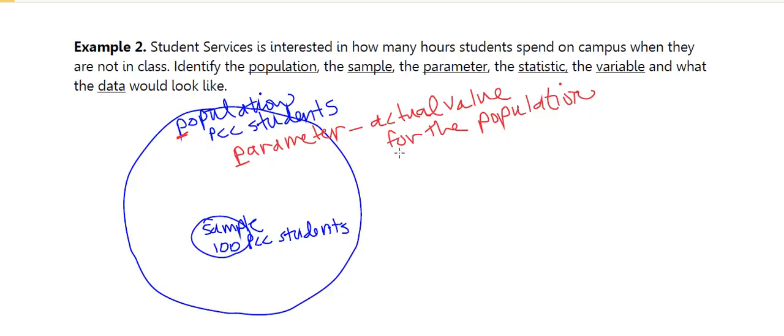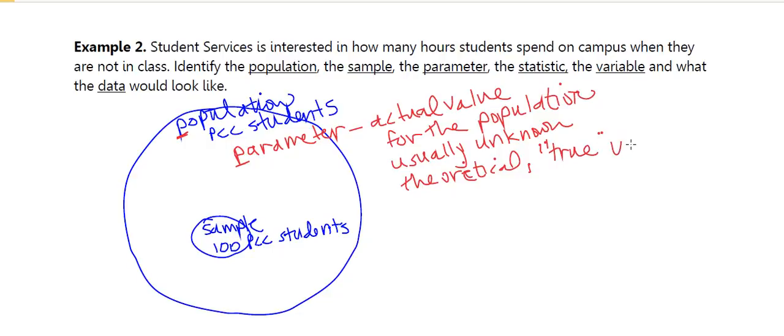The thing is, we don't know the parameter. That's what we need statistics for. So this is usually unknown. So you can think of it as a theoretical or true value. I'll put that in quotes because we don't know what it is.